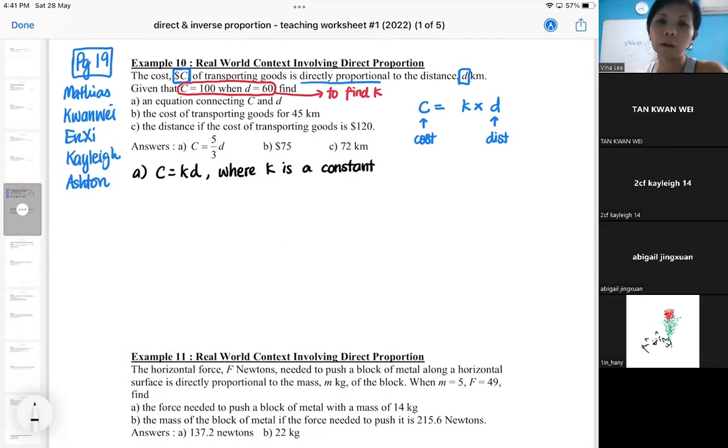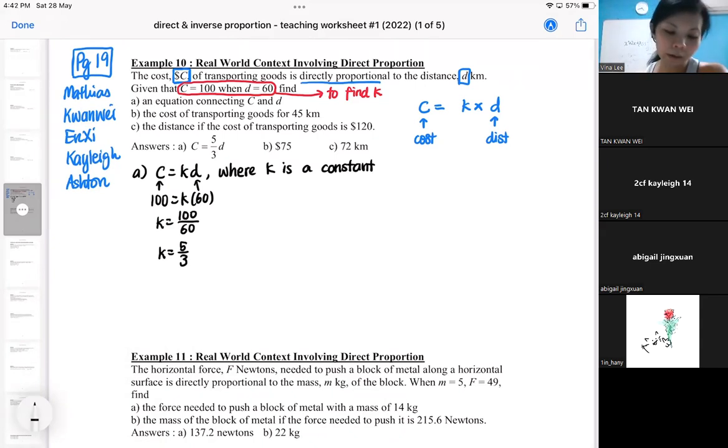So even though it looks a bit confusing, you pick out the correct algebra, or rather the important algebra, and you put in the relevant values that they give you so that you can find your K. The reason why I got you to do page 6 and 7 is meant for you to recap the steps.